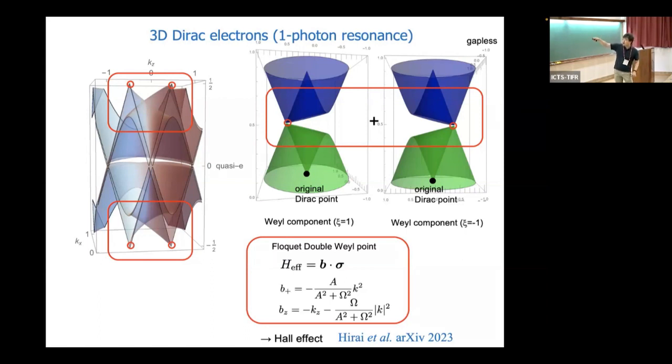That one-photon absorbed state and the original upper band will be hybridized, and there's a gap opening here. But this gap will close at this point. If I go to the other Weyl component, I have a Weyl point here. So there will be a Weyl point here and a Weyl point here. Actually, this Weyl point is not the usual Weyl point, but a double Weyl point. So it has an effective Hamiltonian like this.